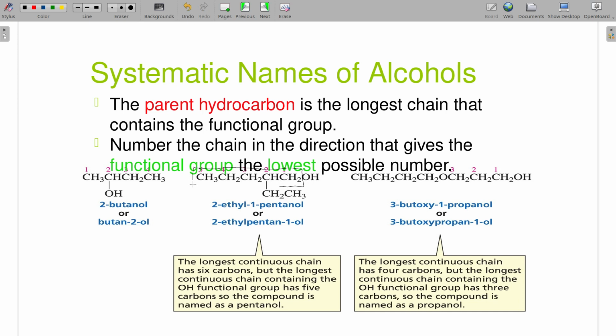Now, making it the longest chain was easy enough to go across here, but what we're seeing is since the functional group must be part of the backbone, you will change which is the longest chain. Even on this ether, when we first introduced ethers, we said to find the shorter chain and make that a substituent.